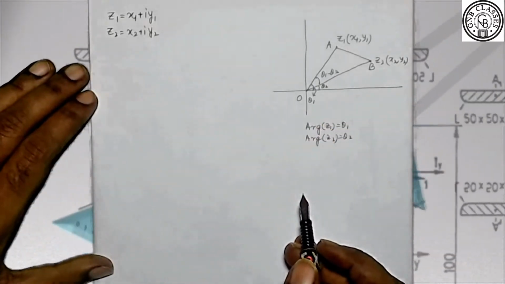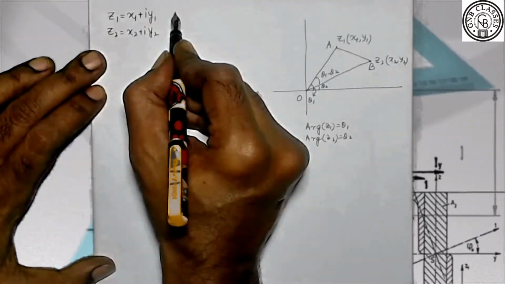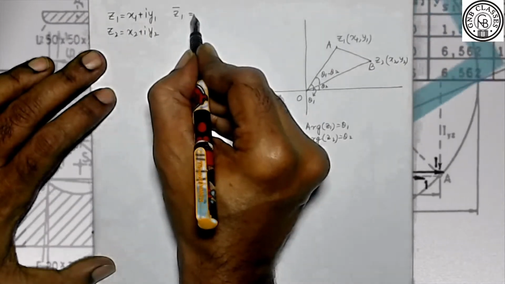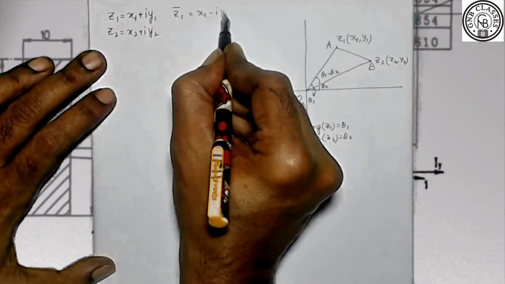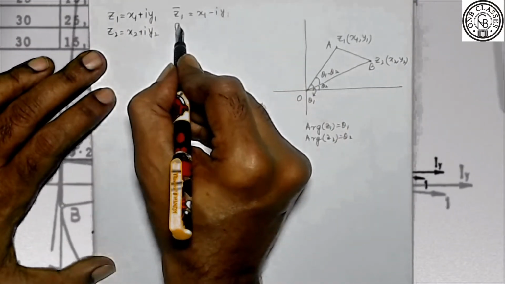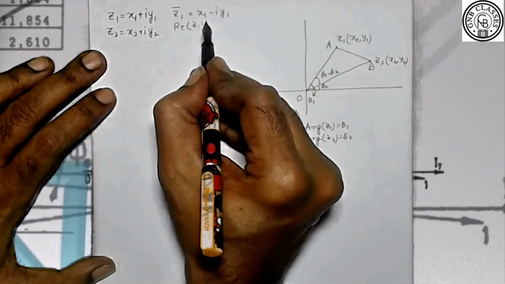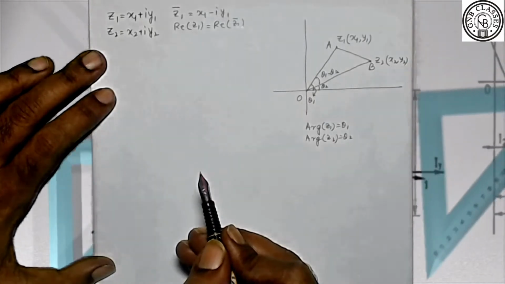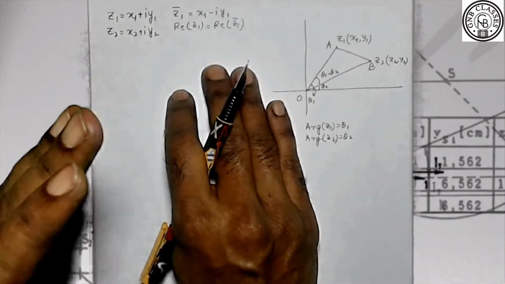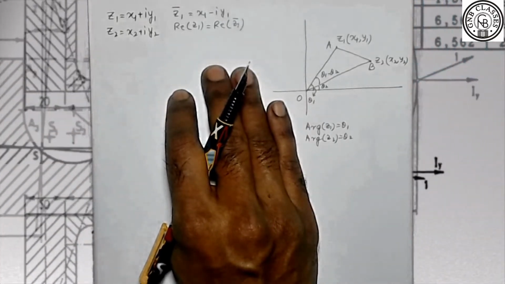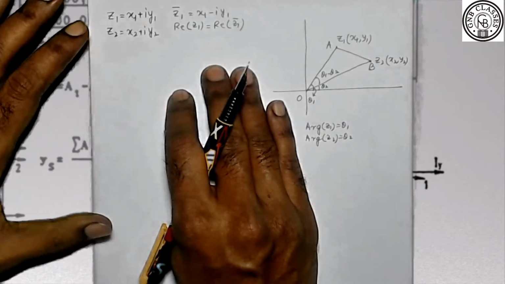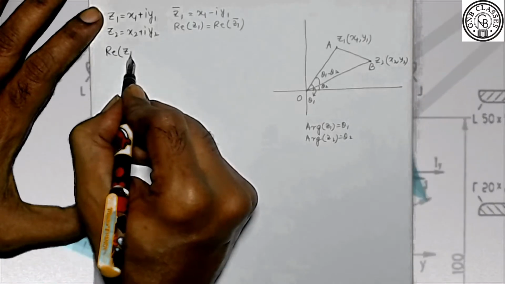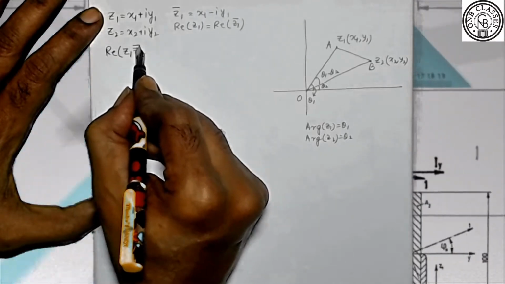Now one thing we must remember, what is the conjugate of complex number z1? It is nothing but x1 minus iota y1. Now you tell me, is the real part of z1 different from the real part of z1 bar? No. Yes or no? Only the imaginary part changes, but the real part remains the same. So now you tell me, what is the real part of z1 z2 bar?